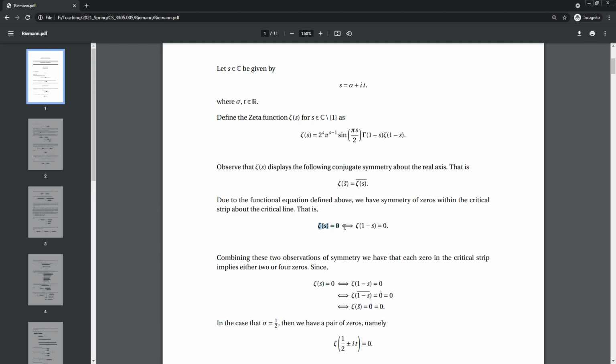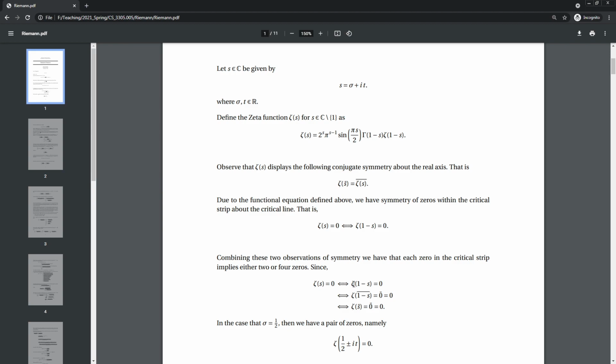But because of this symmetry about the critical line, if we find 1 here, then if sigma is 1/2, it's just 1 new 0. But if sigma is anything other than 1/2, then it's 2. It's 1/2 plus some delta, and 1/2 minus some delta.